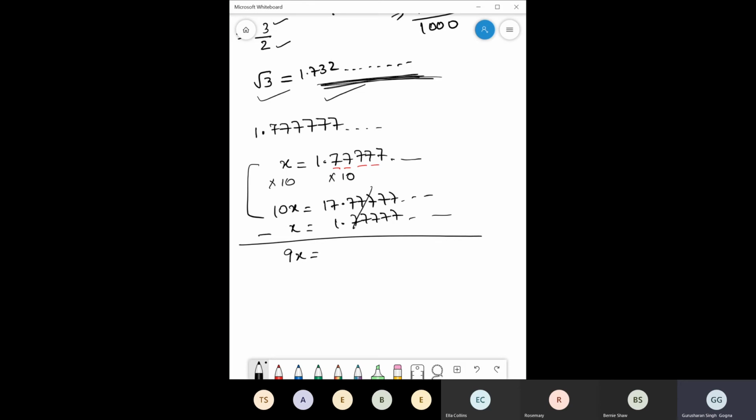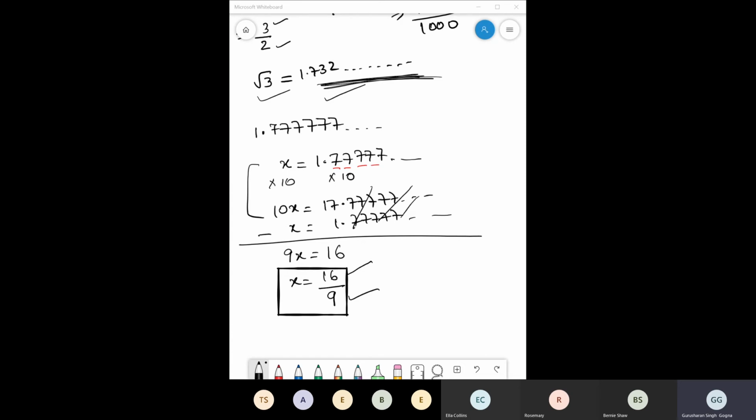So all these sevens will cancel, and 17 minus 1 will give you 16. So x is equal to 16 divided by 9. 16 is an integer or whole number. 9 is a whole number. So it's a rational number. Okay. So do you understand this? So a number with a recurring decimal is a rational number, not an irrational number.